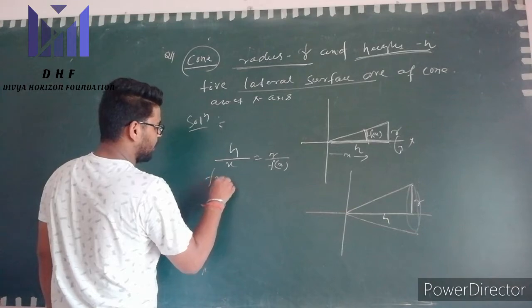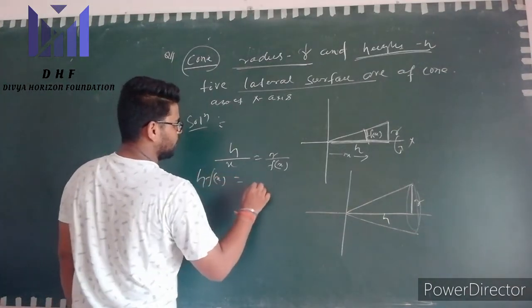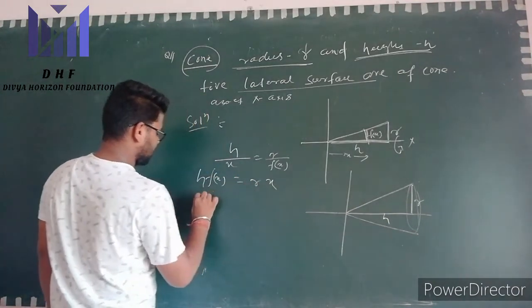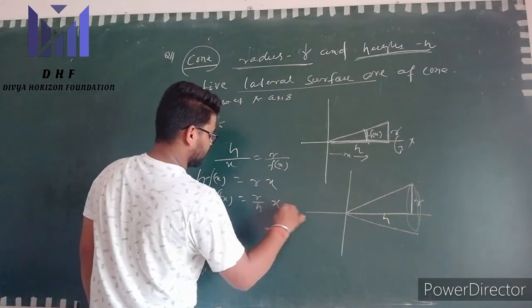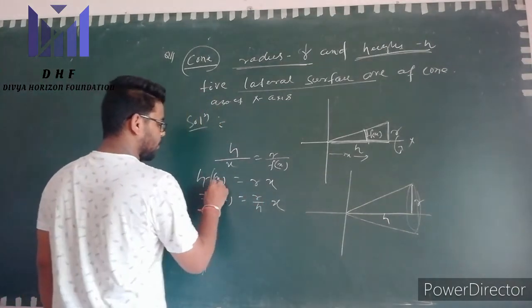Now f of x times h is equal to r x, which means f of x is equal to r upon h x. This is our f of x.